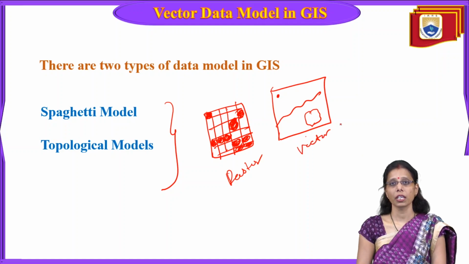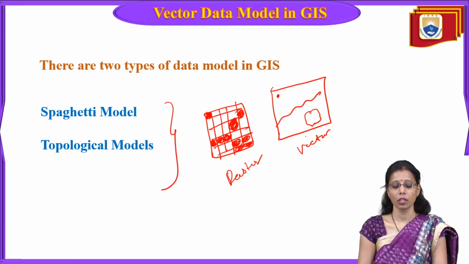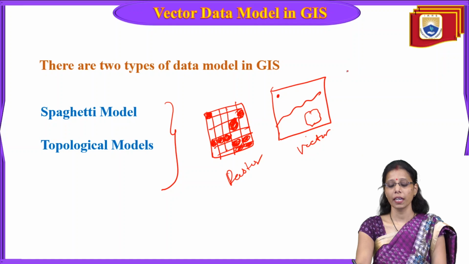In vector we have two types of models again, the spaghetti model and the topological model. Let us understand what they are. The spaghetti model has individual entities. If a point is there, this is an individual entity. If a line is there, this is one line, this is the other line. If a polygon is there, this is one polygon, the other polygon is like this.